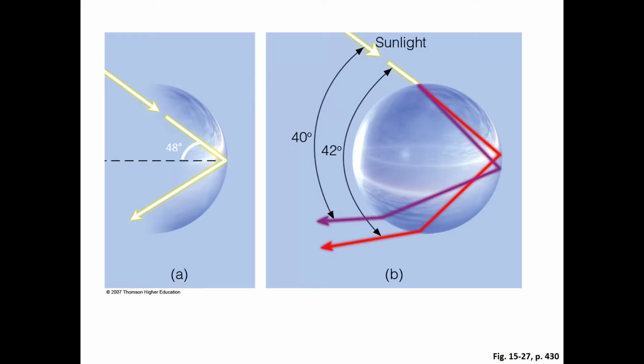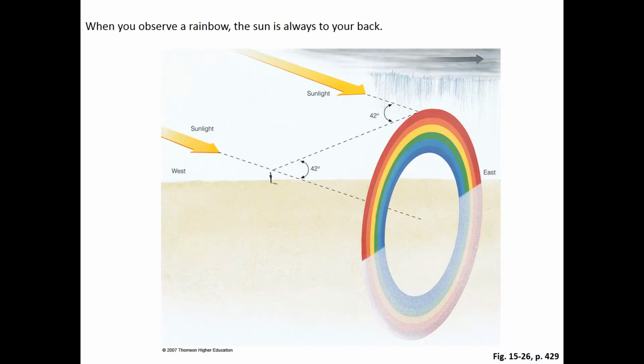The angle of purple light is around 40 degrees. And then these rays of light, these different wavelengths, bounce off the back of the water droplet and then back out the water droplet. They refract again when they leave the water droplet, and then they head towards your eyes. And that gives you the view of a rainbow.